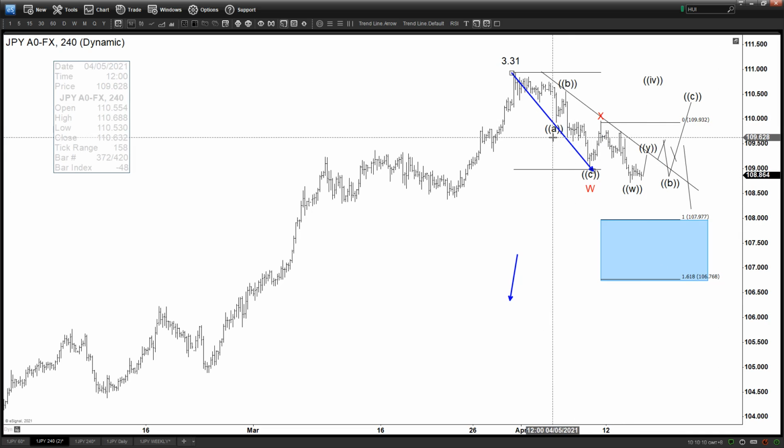So that is the idea, guys, with an alternate that I'm presenting as well as a diagonal here.